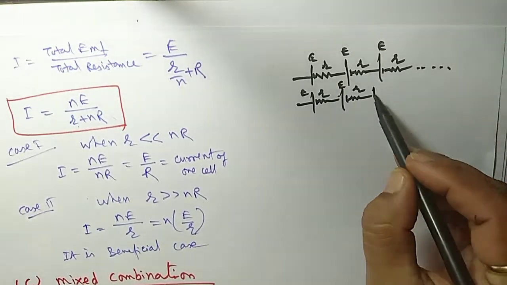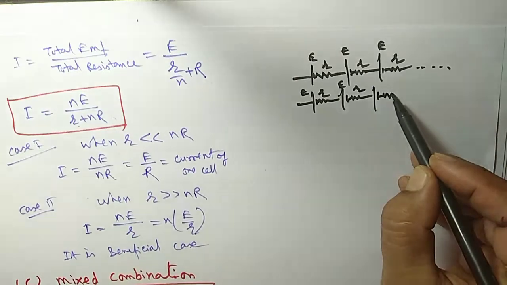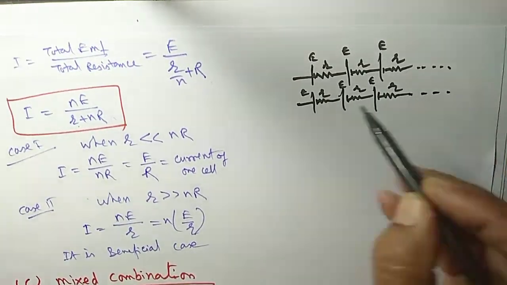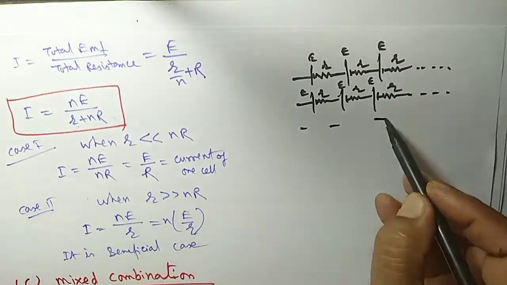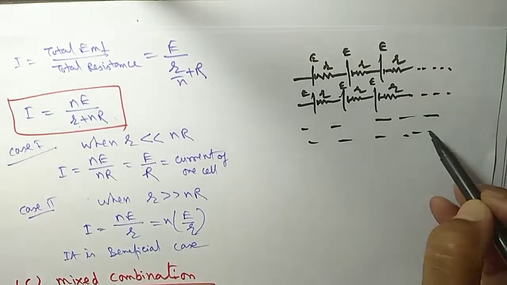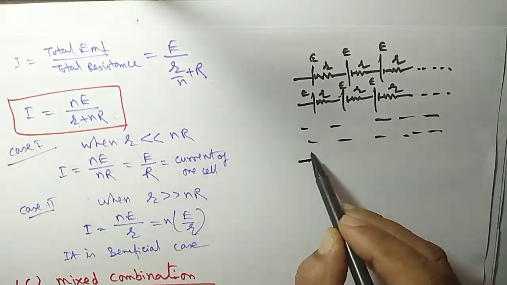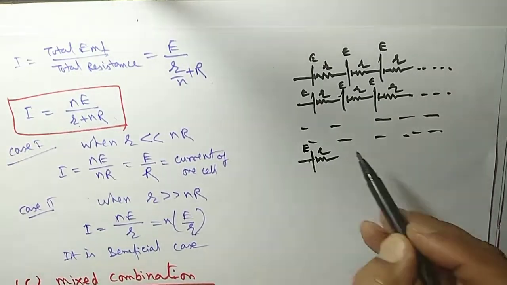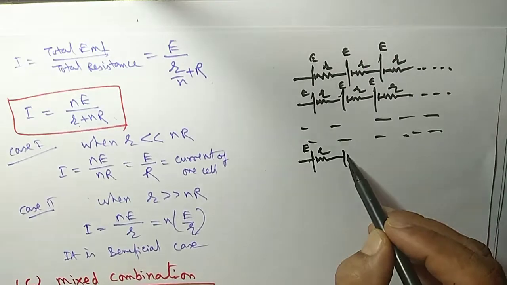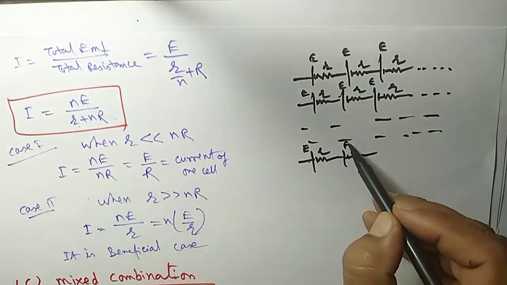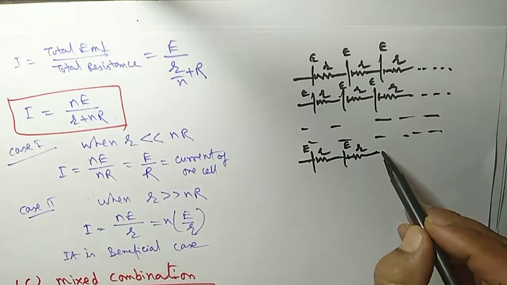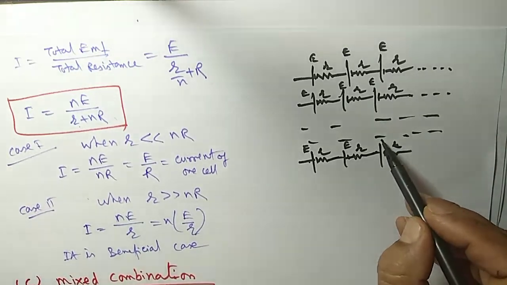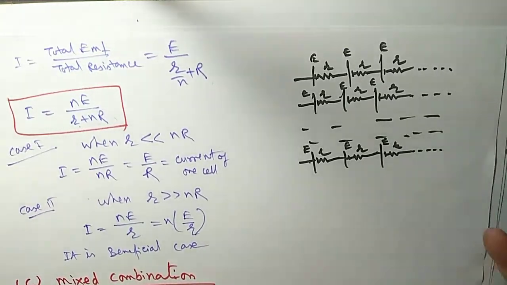E, okay, like this. And suppose there are m rows. Show one more, small r, E, EMF, small r and the E like this.